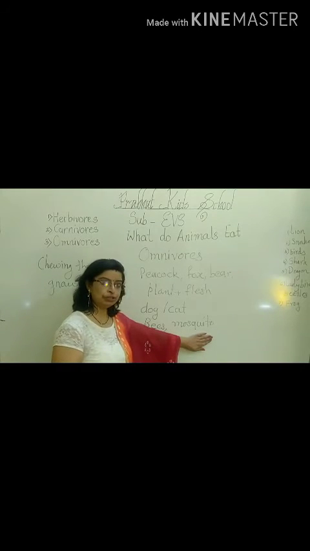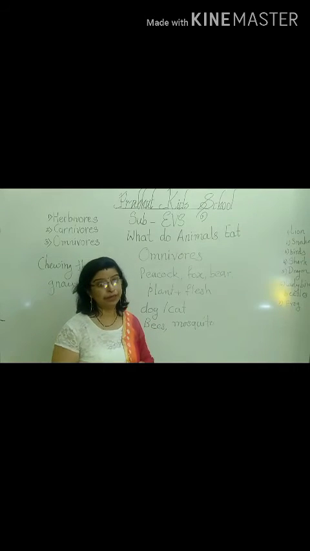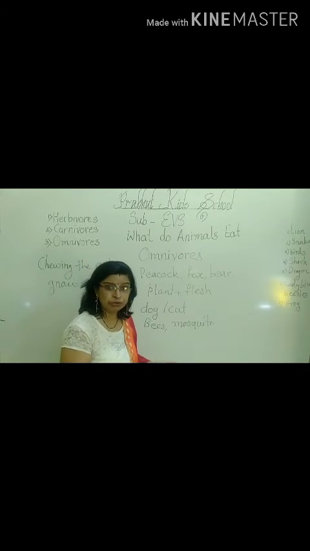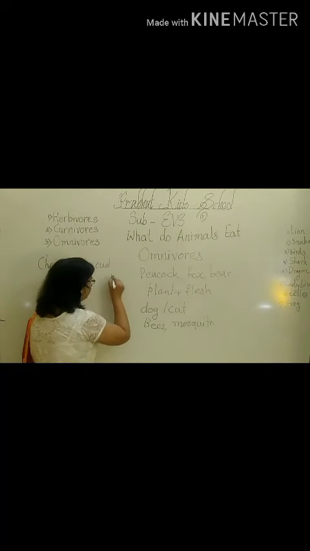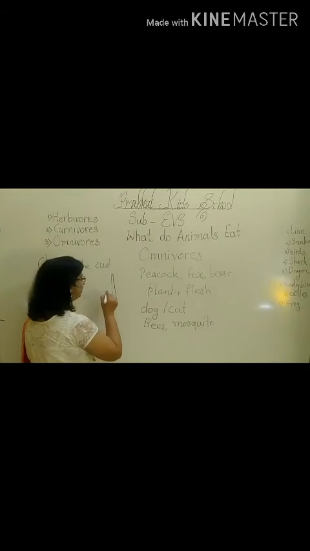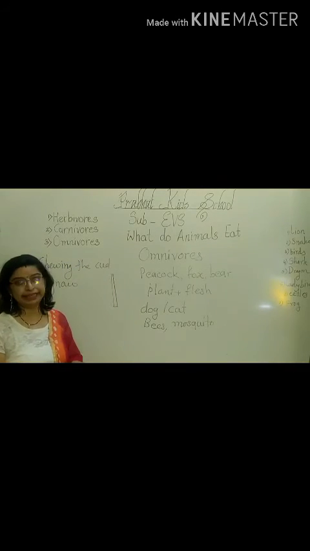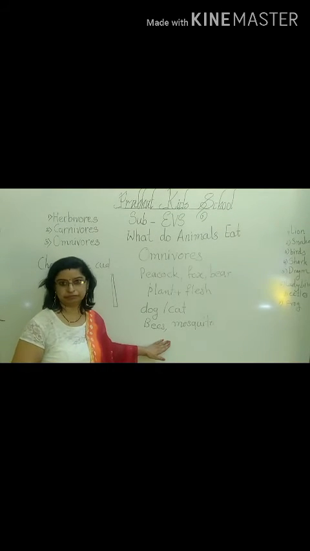These mosquitoes, you all might know, suck the blood from our body. But how do they do this? For that, they have a very small thin tube attached to their mouth.